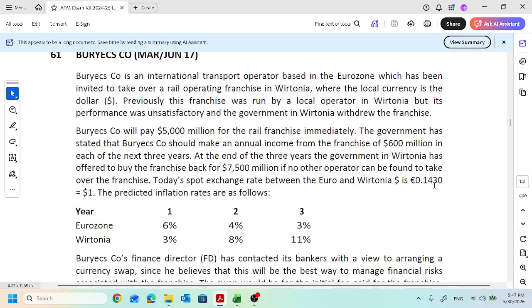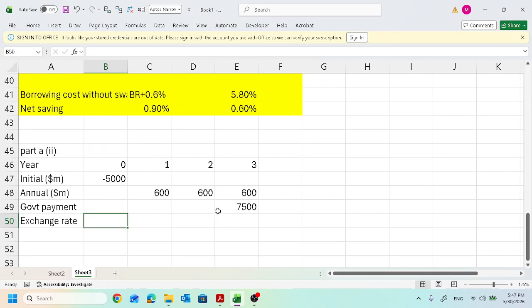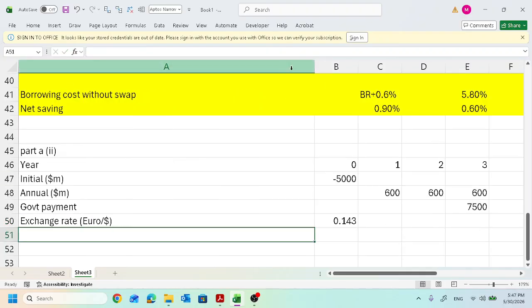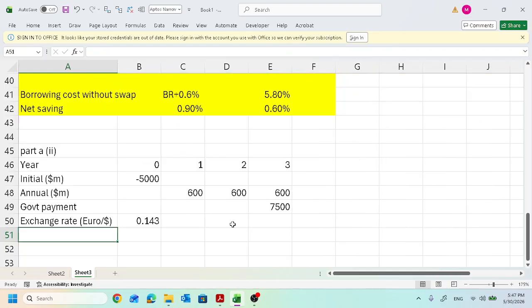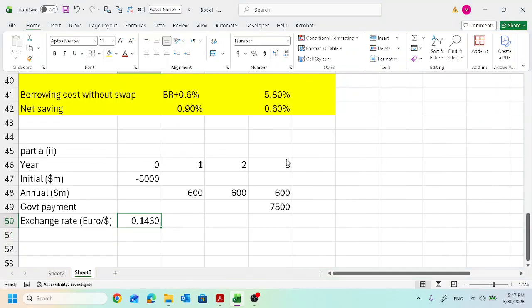That many euro per dollar. Let's keep it in 4 decimal places.